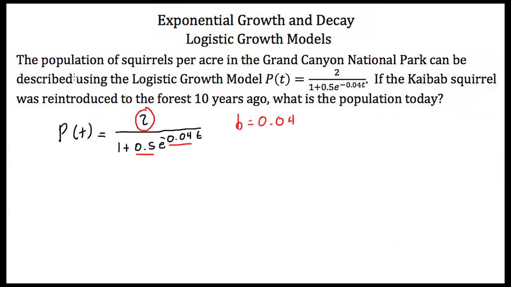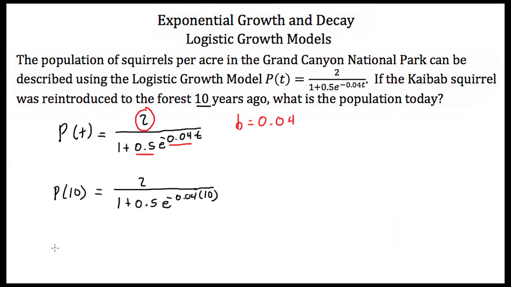Now if I want to solve for the population of squirrels per acre, all I do is plug in 10 for t. If I do that, the population after 10 years is equal to 2 over 1 plus 0.5 times e to the negative 0.04 times 10.